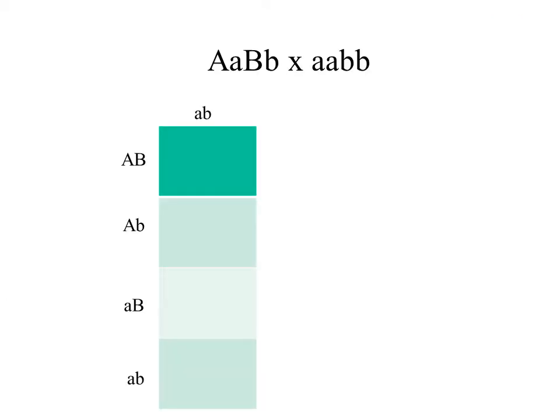You can also perform a Punnett square to see the results. So here's the Punnett square setup. Heterozygous for both genes crossed with a homozygous recessive for both genes. When you perform this cross, Punnett square, this should be your results.